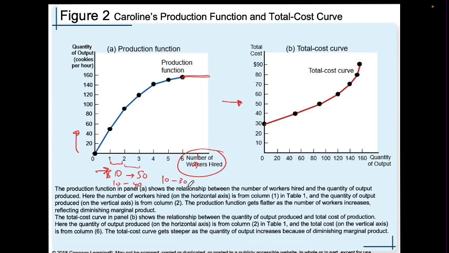So if you think in terms of costs, the cost of making these 30 cookies was actually 0.3, whereas the cost of making these 50 cookies on average was 0.2.